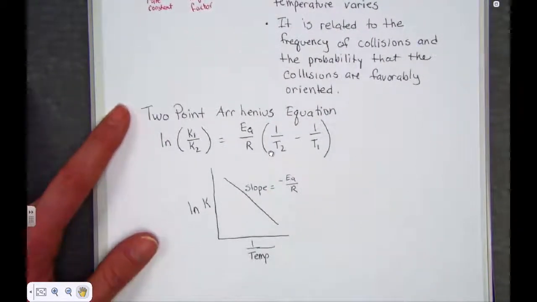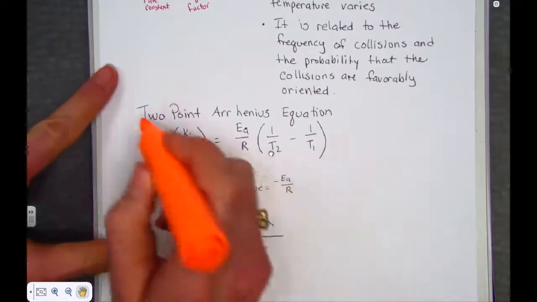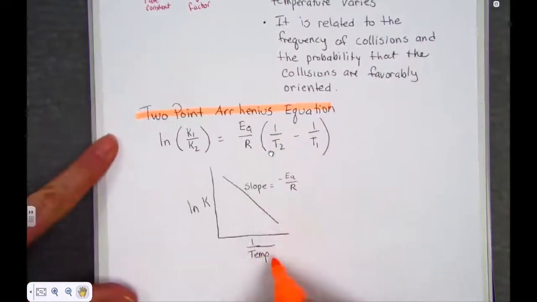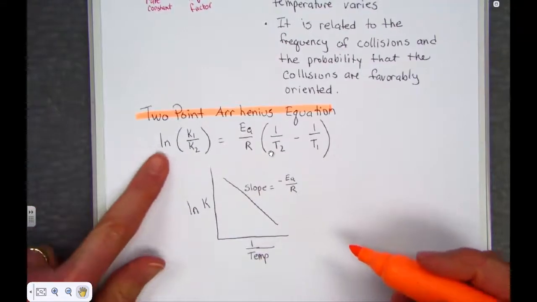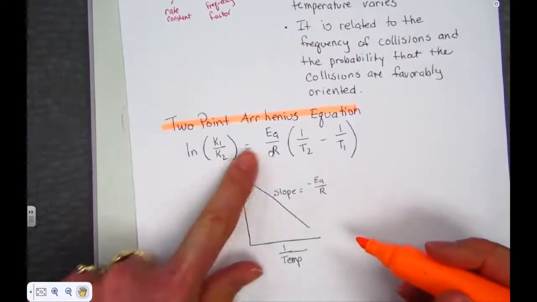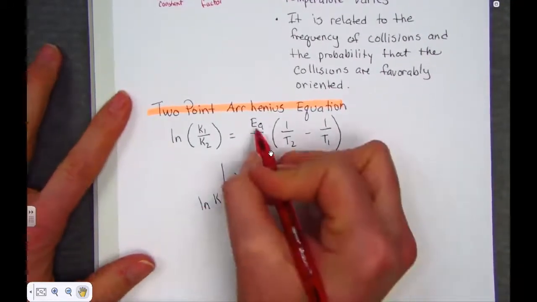We also discussed in our video lessons the Arrhenius equation in terms of graphing and in terms of a non-graphing form. In other words, there's a two-point Arrhenius equation, and there's also a graphing form of the Arrhenius equation. The natural log of rate constant 1 over rate constant 2 equals Ea over R times the difference in reciprocal Kelvin temperatures, 1 over T2 minus 1 over T1. A couple of ideas here.